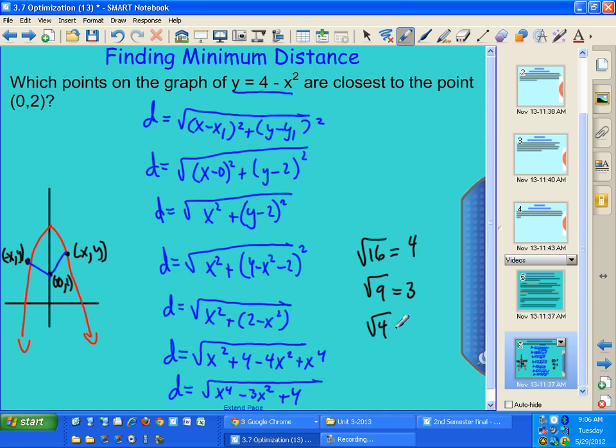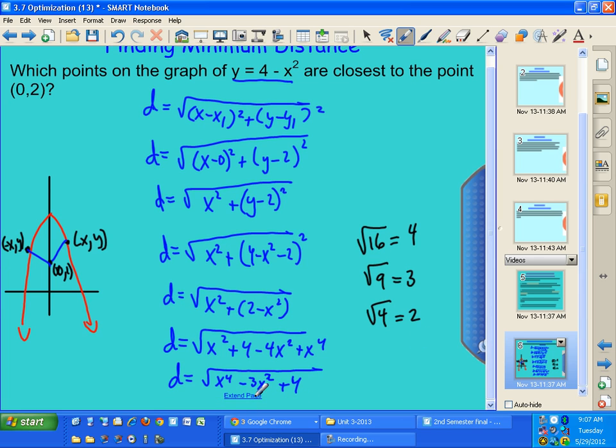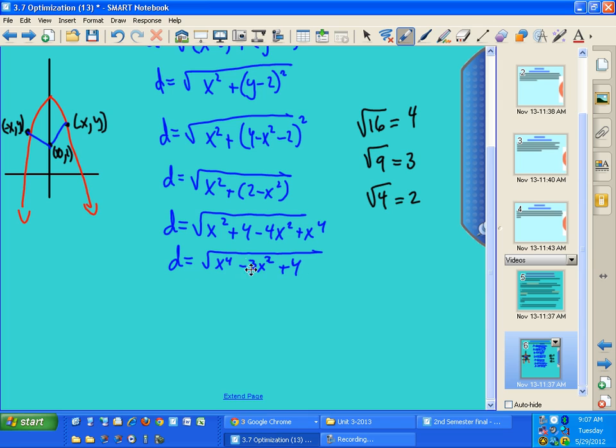Looking at this, the square root of 16 is 4, and the square root of 4 is 2. So when I have the biggest number underneath the square root, I get the biggest number outside of the square root when I take it. If I have the smallest number underneath the square root, then I get the smallest number outside the square root. So I can drop this square root. If I get a big number under here, that's going to be the biggest number.